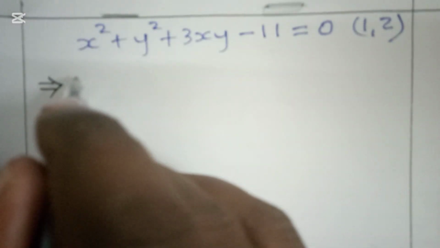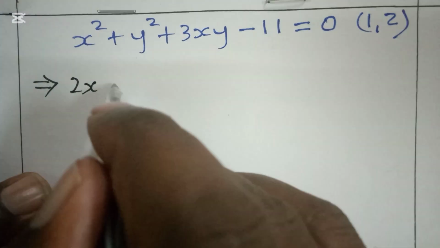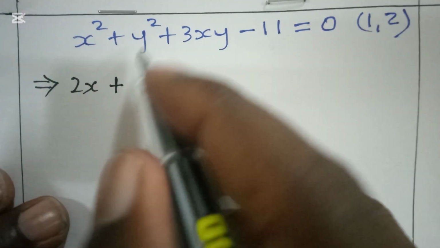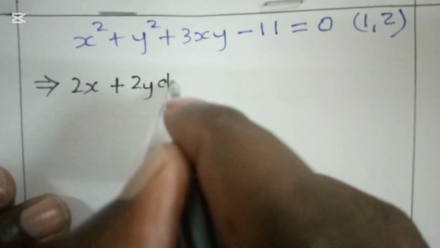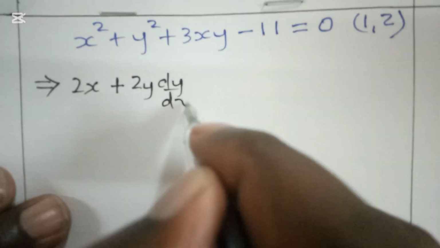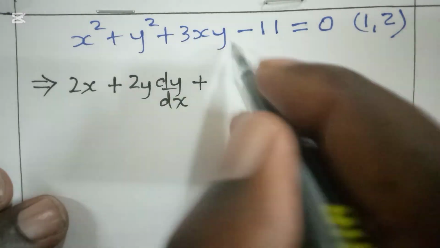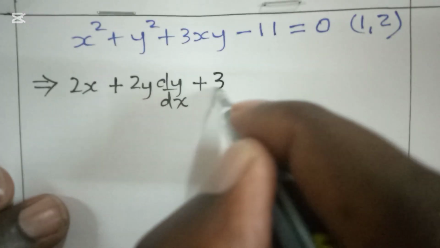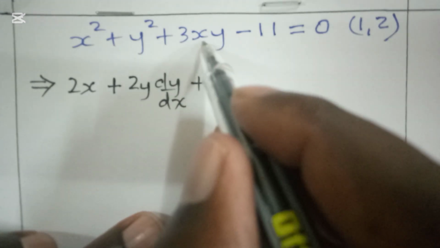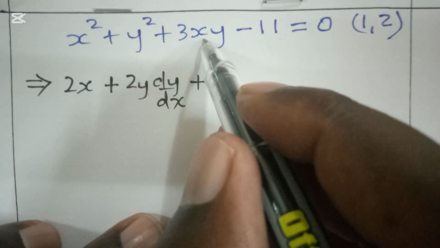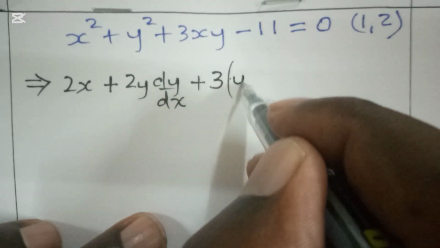So guys, I come and write here 2x plus, I differentiate this, it is going to be 2y dy/dx, plus. I come here, first I can factor out 3, then I differentiate x and y. So I use the product rule, whereby if I differentiate x it is going to be 1, and this I'm going to have y now.